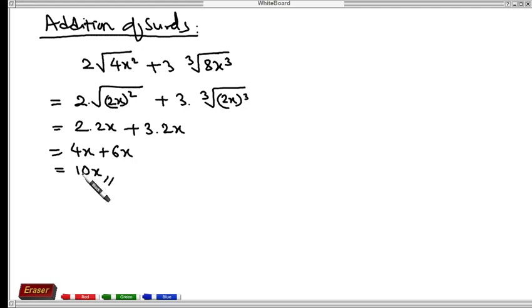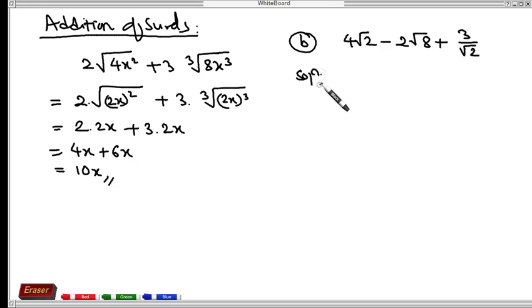Similarly, you can do subtraction. Now the next part is about simplification. Suppose we are given 4 root 2 minus 2 root 8 plus 3 over root 2. The solution is 4 root 2 minus 2 times 2 root 2 plus 3 by root 2.